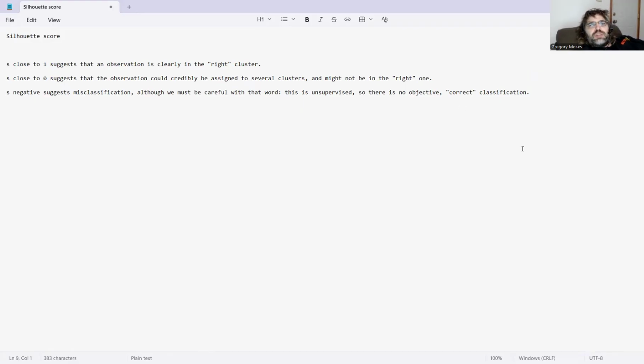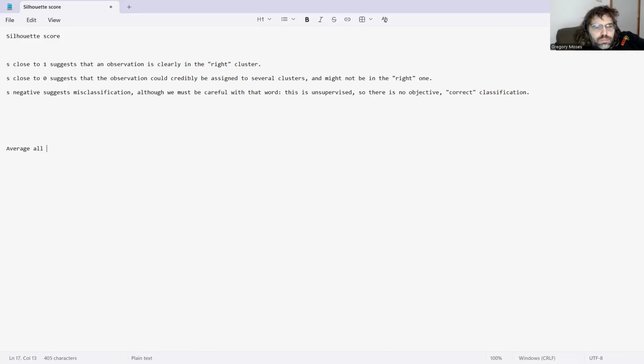So every point has a silhouette score. Silhouette scores close to 1 are good, and silhouette scores close to 0 or negative silhouette scores are bad. This is why I put right in quotation marks. It's pretty intuitive what we could do here.